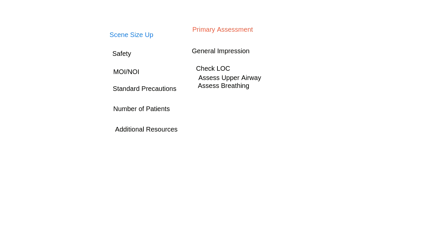Do we need to do a rapid scan or focused assessment on this patient? Miss Nesbeth, do I need to do a rapid scan or focus? Focus, sir. Good. So I would focus on the respiratory system and the cardiovascular system. Miss Johnson, is this a stay and play or load and go patient?